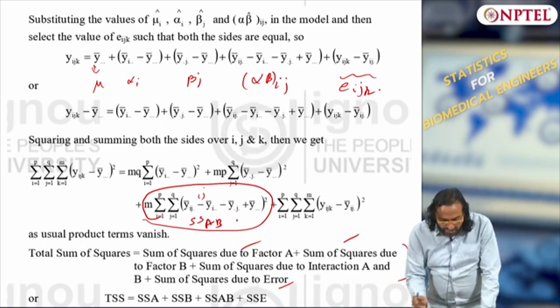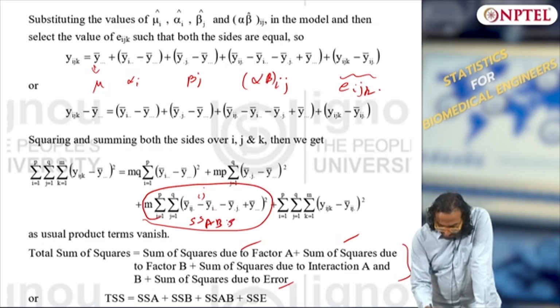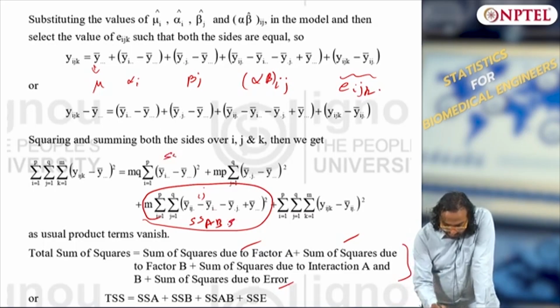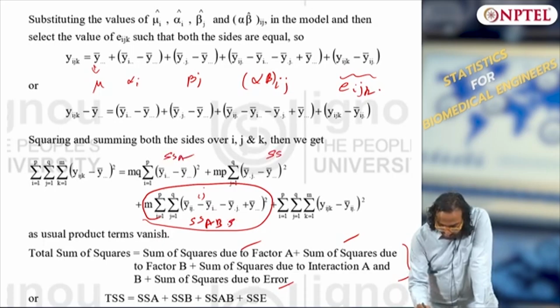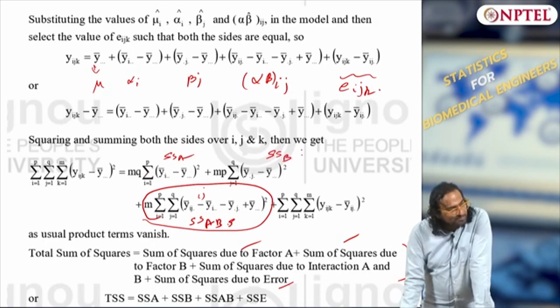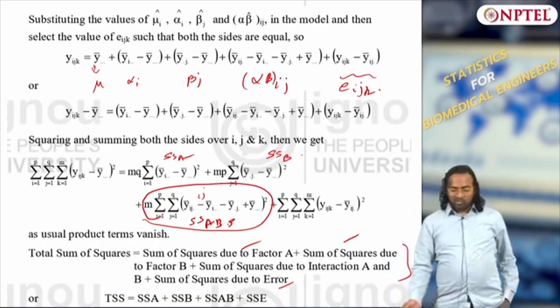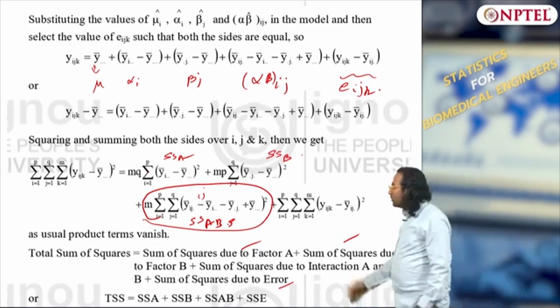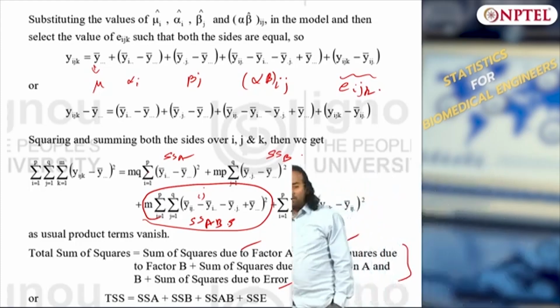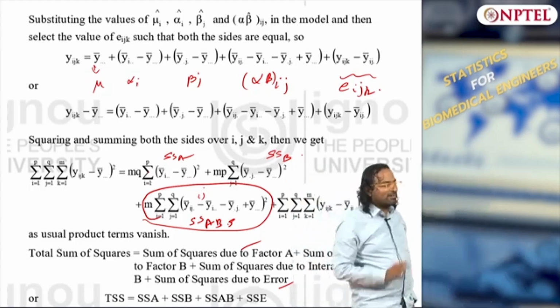So this is what my sum squared AB is, this is sum squared A, this is sum squared B. Where one subtraction is there, your interaction term will have multiple subtractions, that whole thing I call alpha beta.